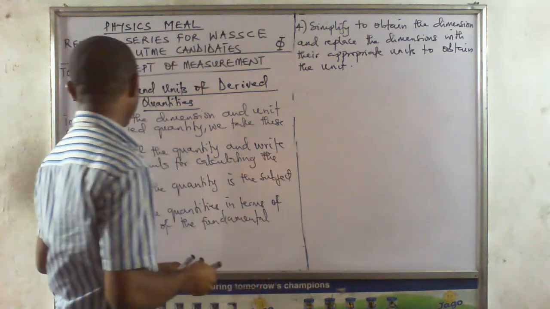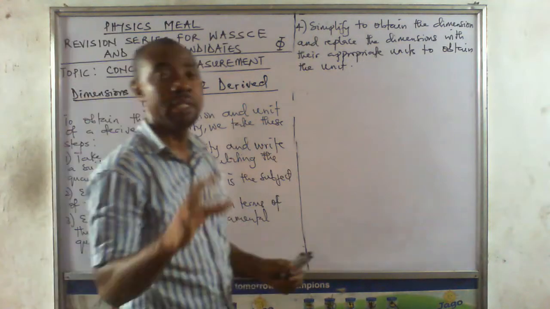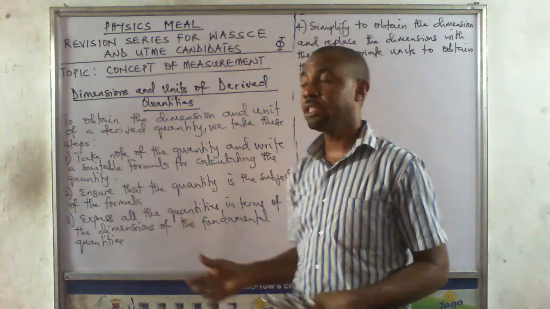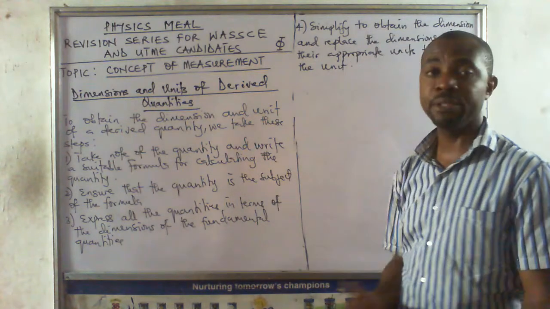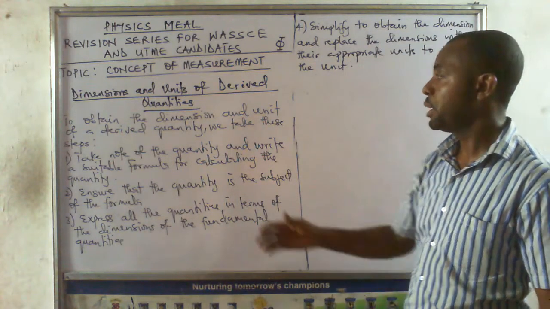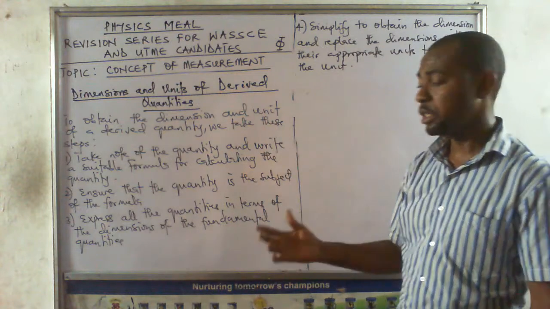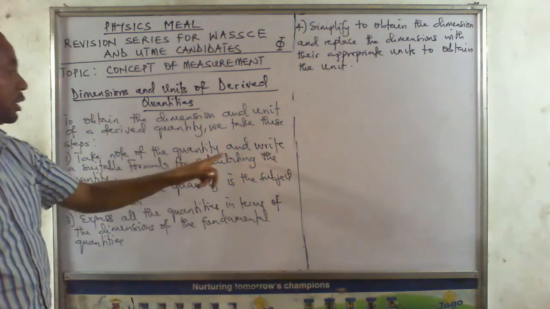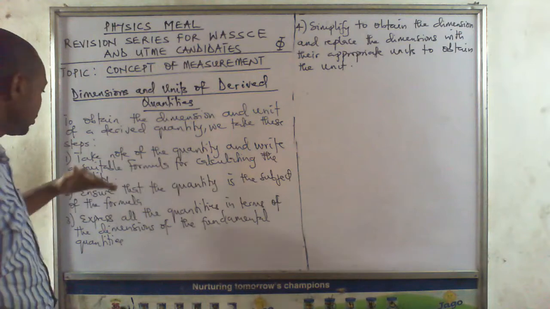So when we want to obtain the dimension and the unit of a derived quantity, what are we going to do? We just need to take these four steps, then we'll be able to obtain the dimension and unit of a derived quantity. The steps are as follows. Take note of the quantity and write a suitable formula for calculating the quantity.